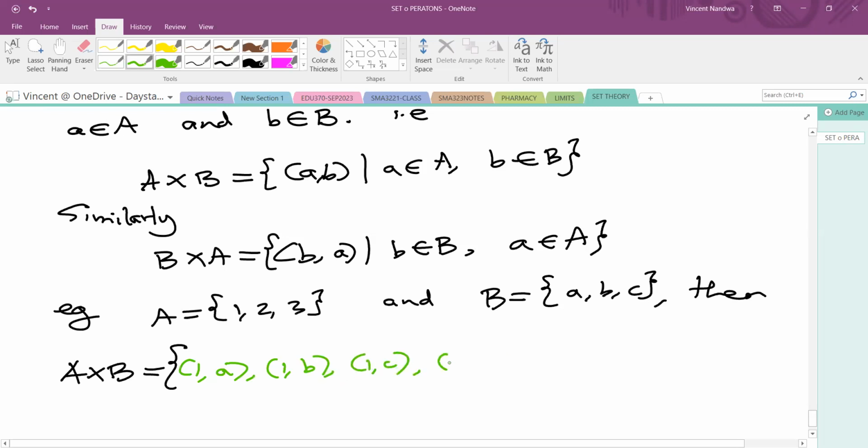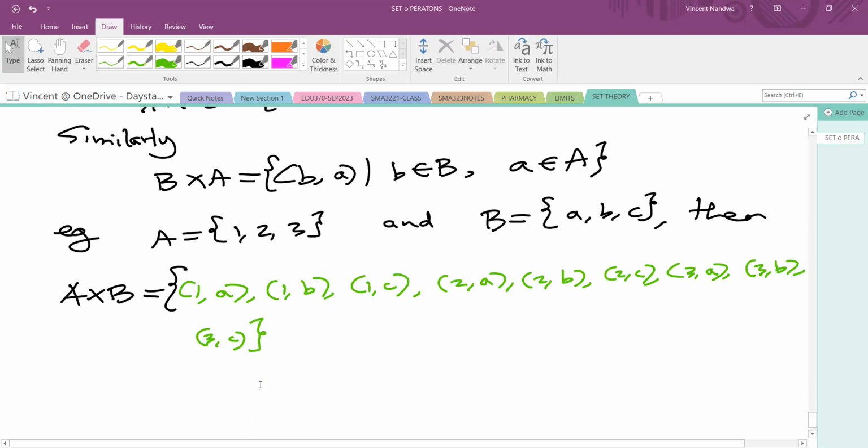Then go to 2: (2, a), (2, b), then (2, c). And lastly, (3, a), (3, b), and then (3, c). So that will be the complete set of A cross B.